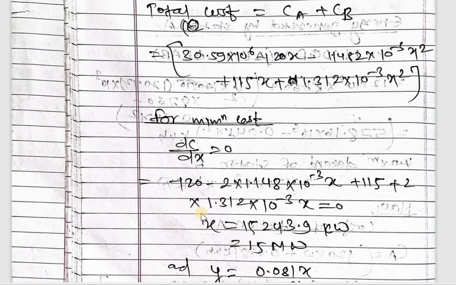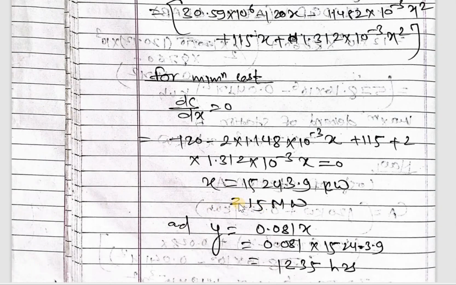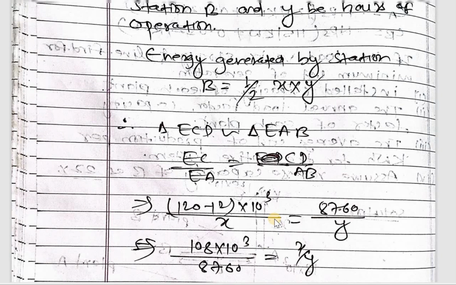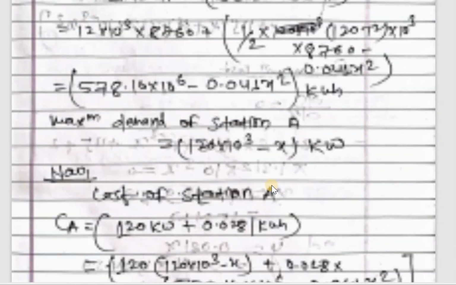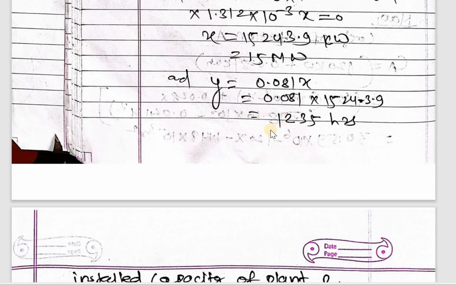Then you can get the value of X equal to 15 megawatt. So put this value in the above equation and you can get the value of Y. X is 15 megawatt and Y is 1235 hours.